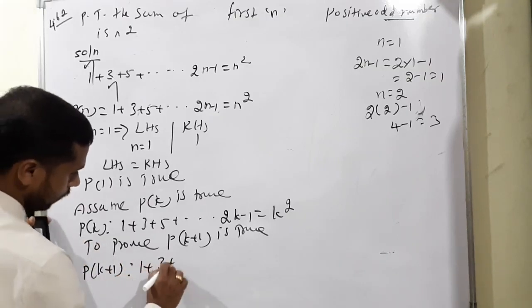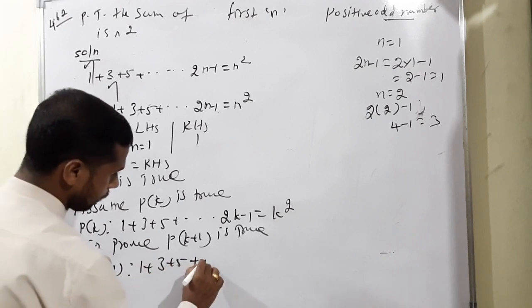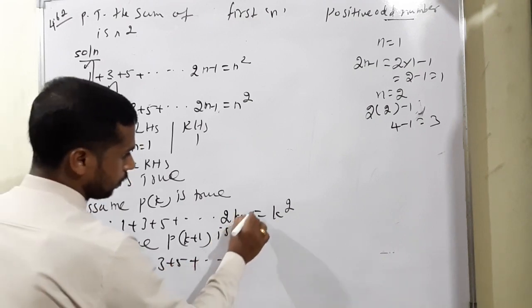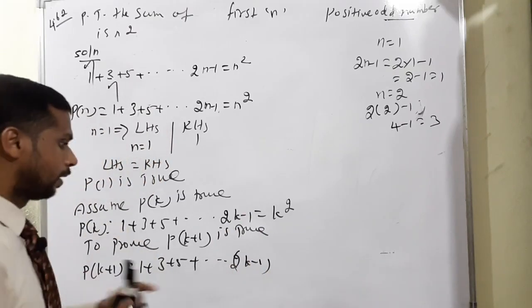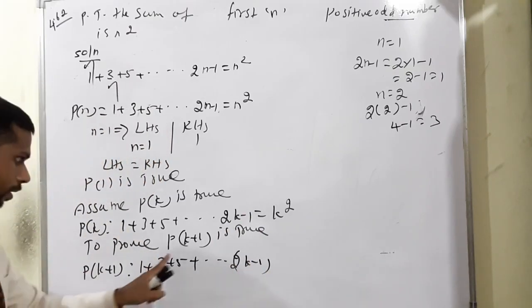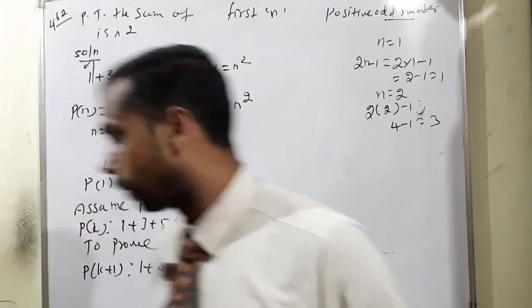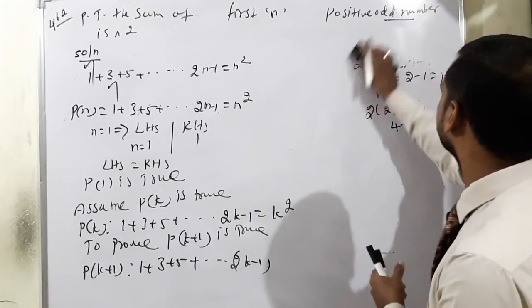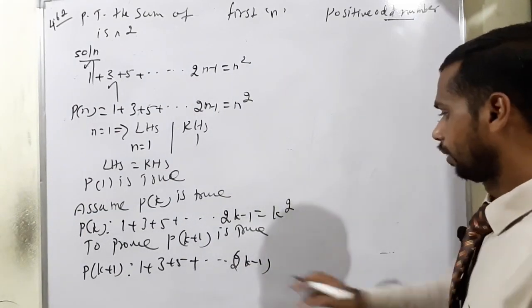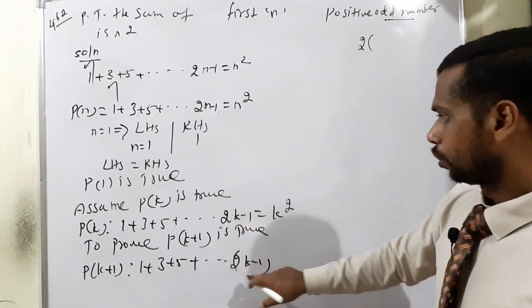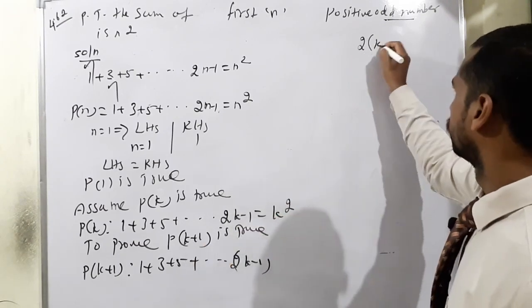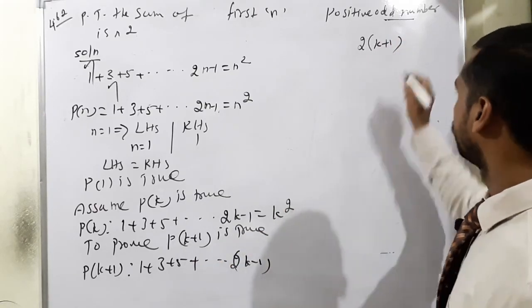So 1 plus 3 plus 5 plus dot dot dot, the first steps same up to 2k minus 1. Again, instead of k we write k plus 1, so what will happen? 2 into k plus 1 minus 1.